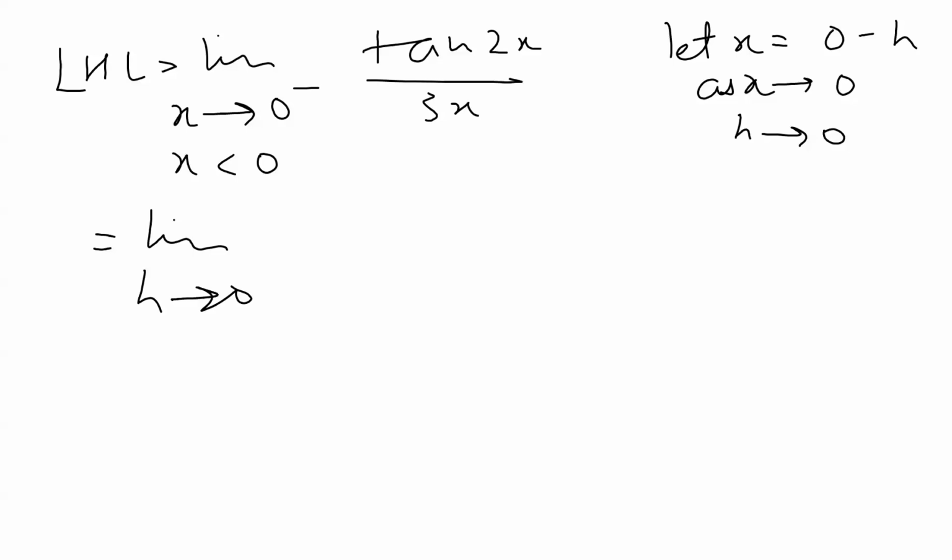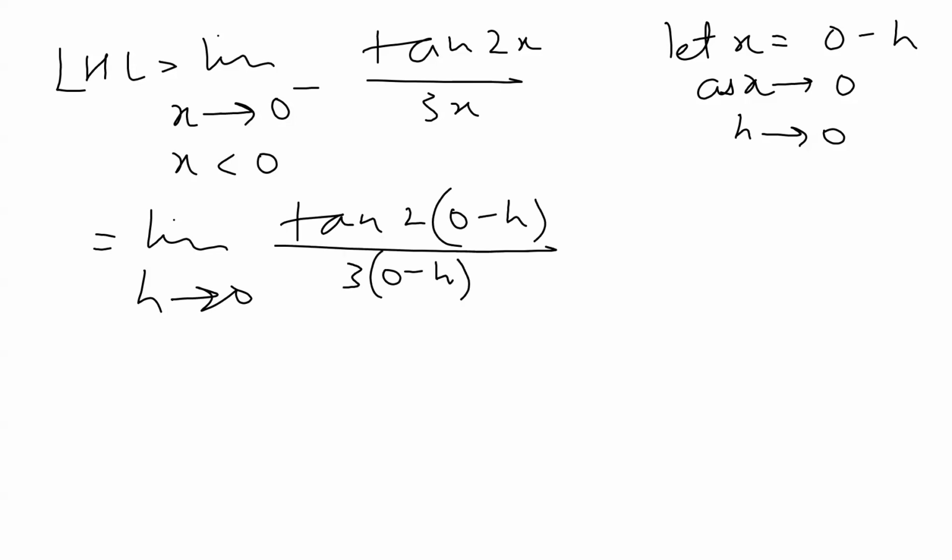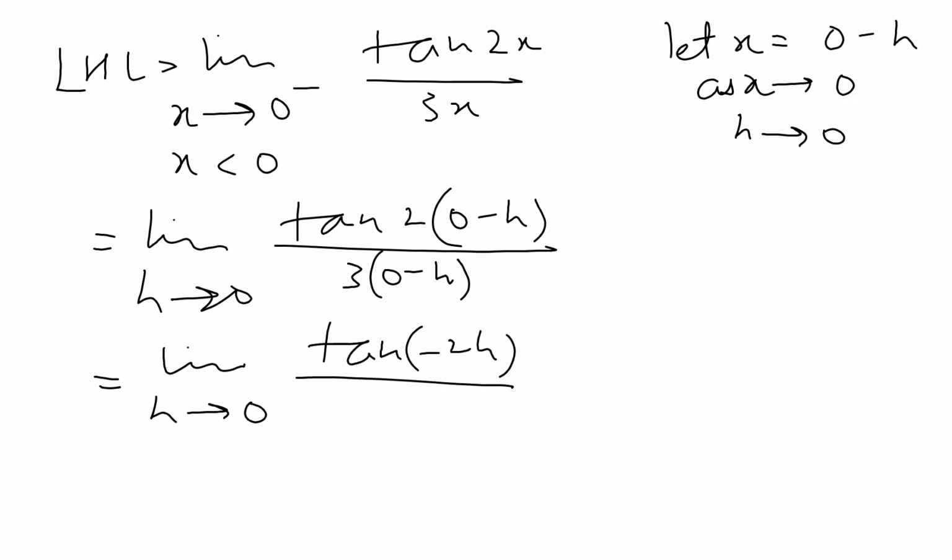So limit h approaches 0, and whenever there is x, put 0 minus h. Limit h approaches 0, tan of minus 2h and minus 3h. Now tan of minus x is minus tan x.